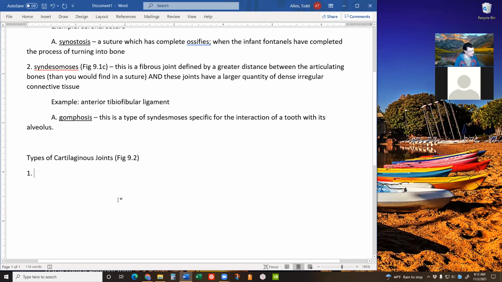We have the synchondrosis category. Synchondrosis is singular, synchondroses is plural. A synchondrosis is a cartilaginous joint in which the connecting material is hyaline cartilage.